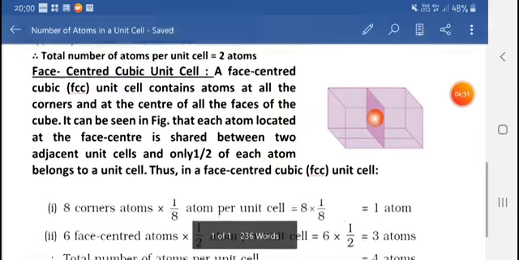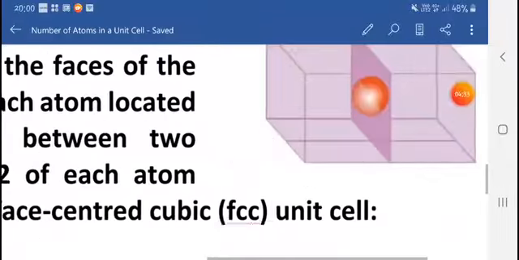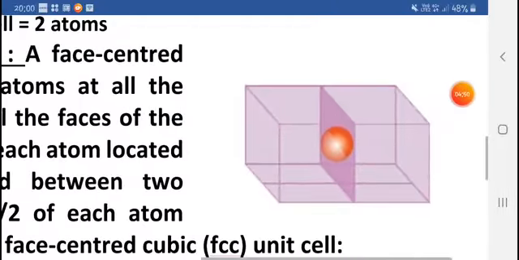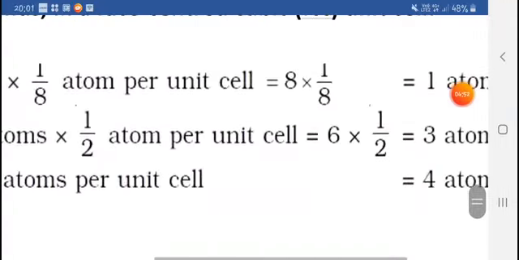As can be seen clearly in the figure, if we consider the reddish area as an atom, and these are 2 unit cells, then the left part is 1 by 2 and the right part is again 1 by 2, so it is partially shared by another unit cell.